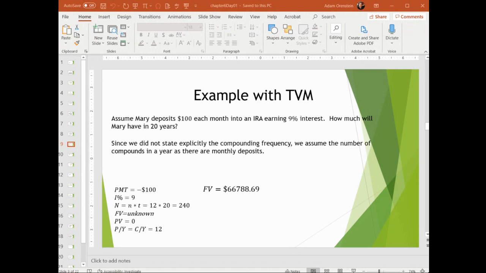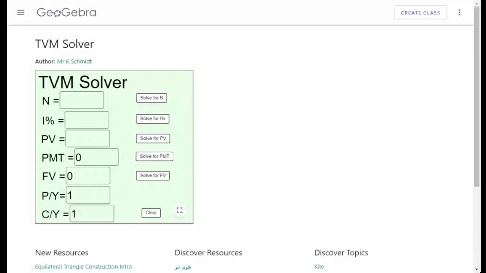All right, so now let's use the TVM solver. So let's put the stuff in. Right, N we said is 12 times 20, 240.